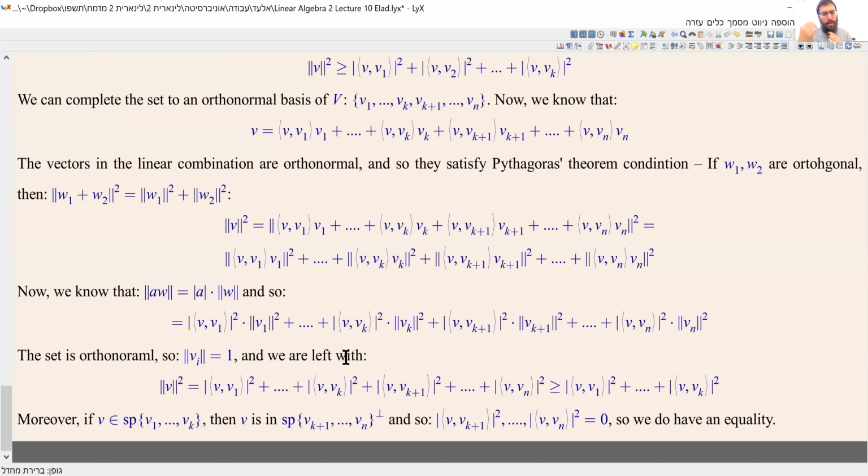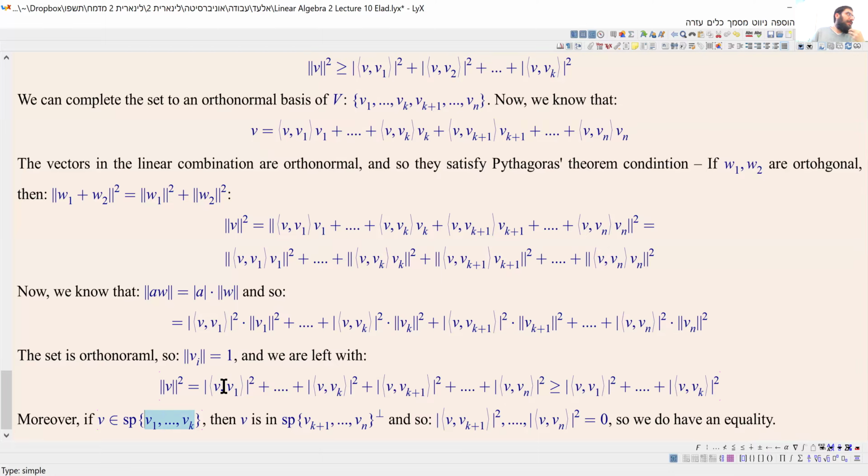When V is already spanned by V1 to Vk, is in a correlation of V1 to Vk, then all these are not just greater than 0. One can write it down that way if you want.